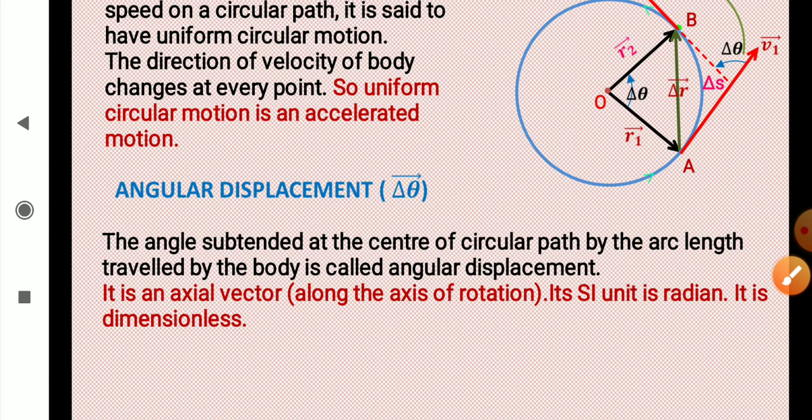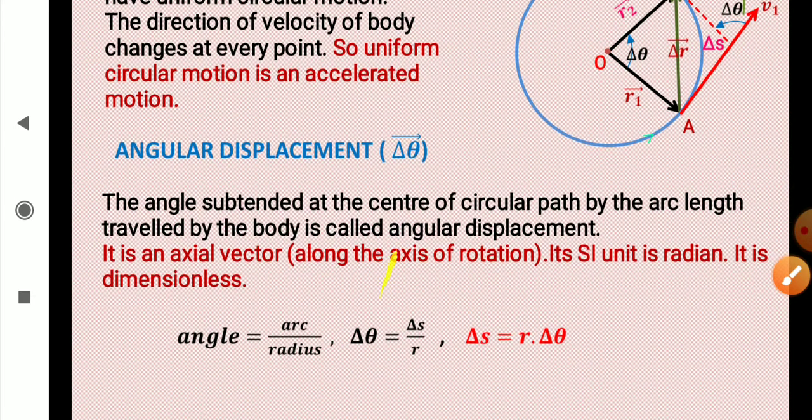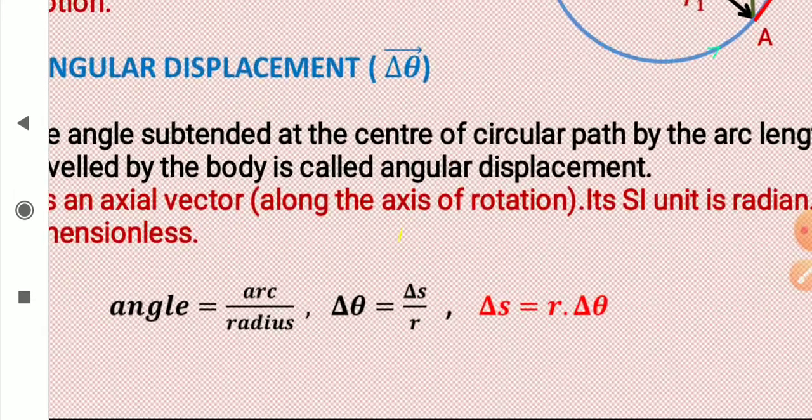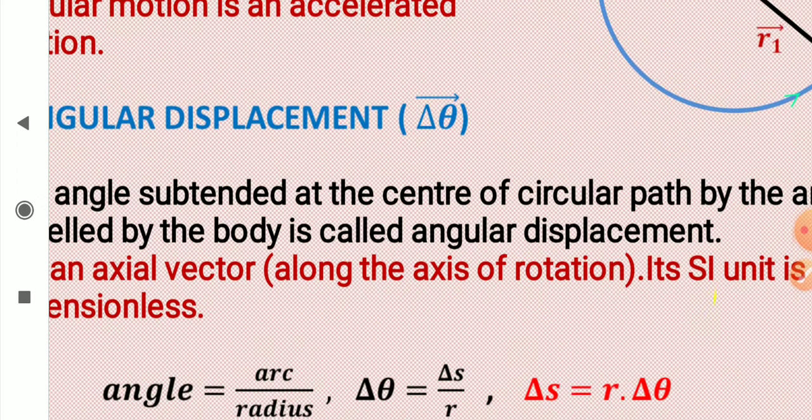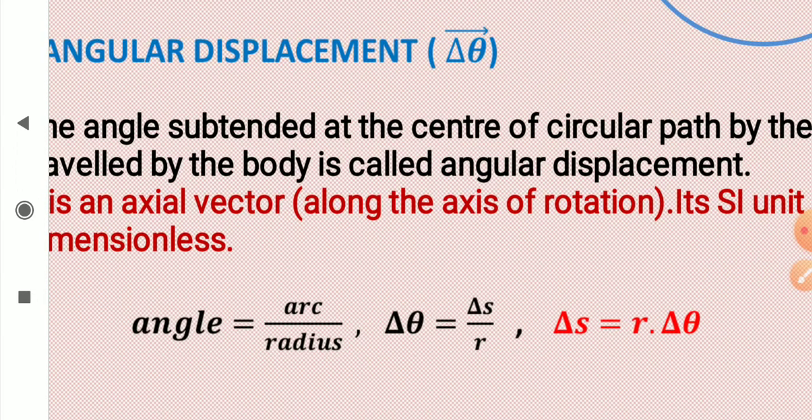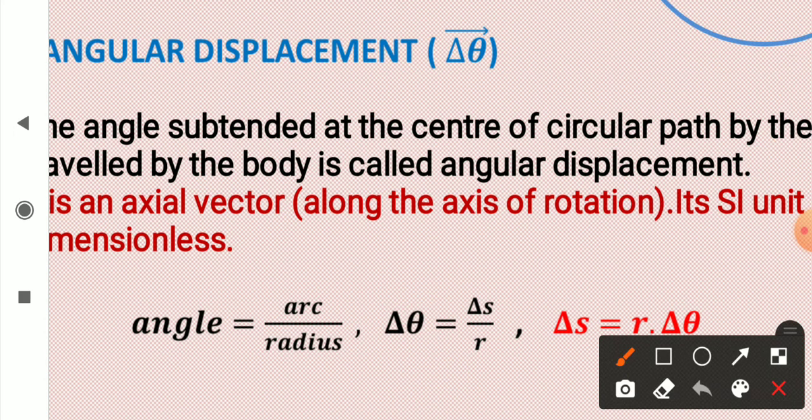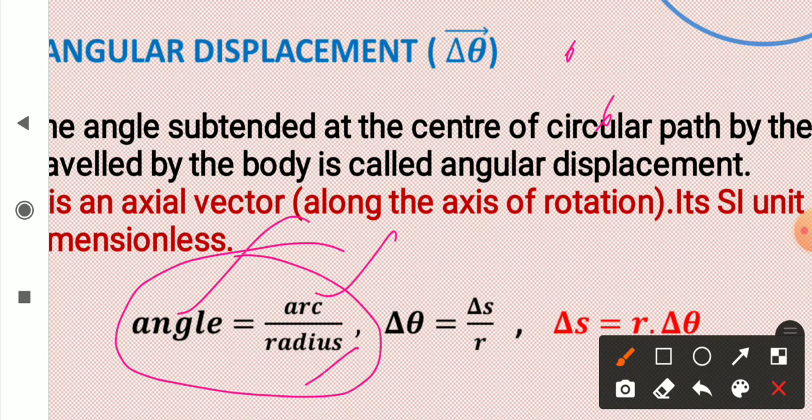And now we will talk about the relation between linear displacement and angular displacement. If the angle is small and points A and B are very close, you know this relation: angle is arc upon radius.